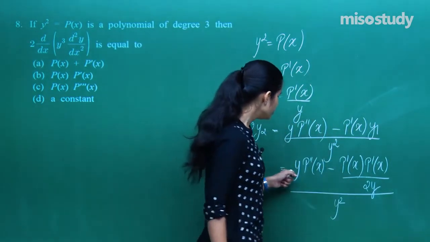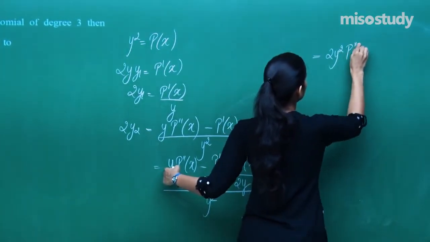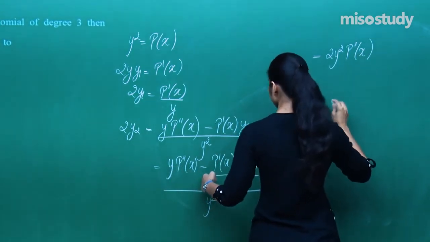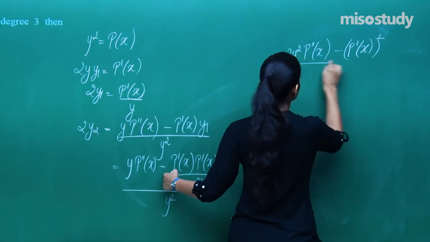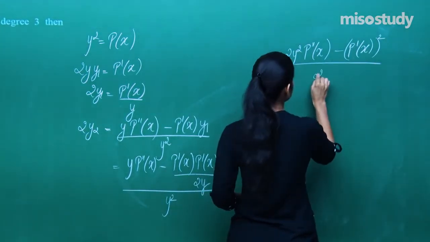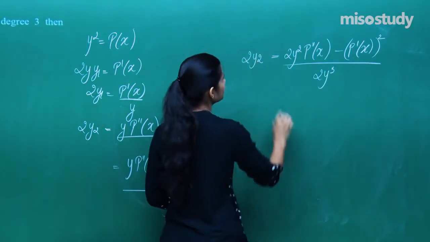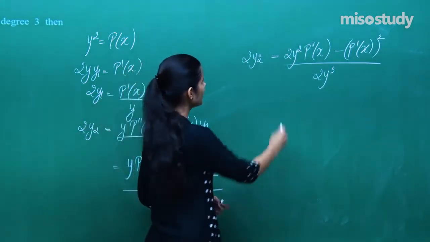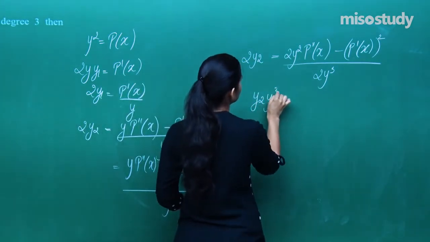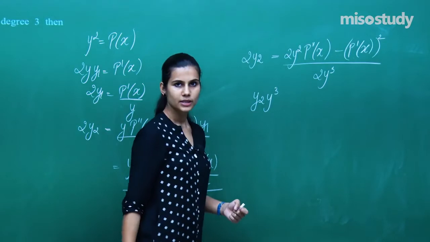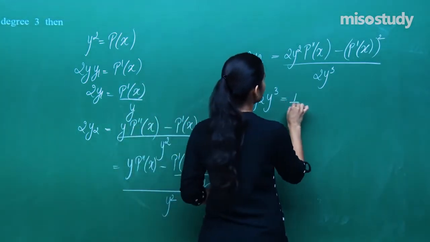So now you have 2y square p double dash x minus p dash x whole square, whole upon 2y cube. This is equal to 2y2. Fine, this is y square, this is y2. So 2 cancels out. You are left with y2 into y cube equals 1 by 2.